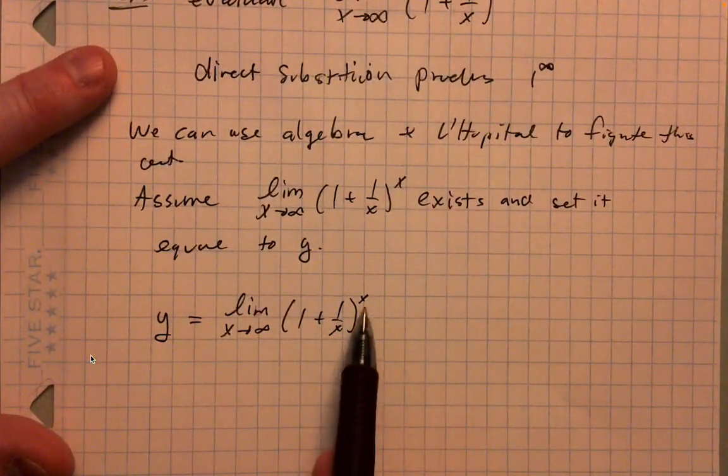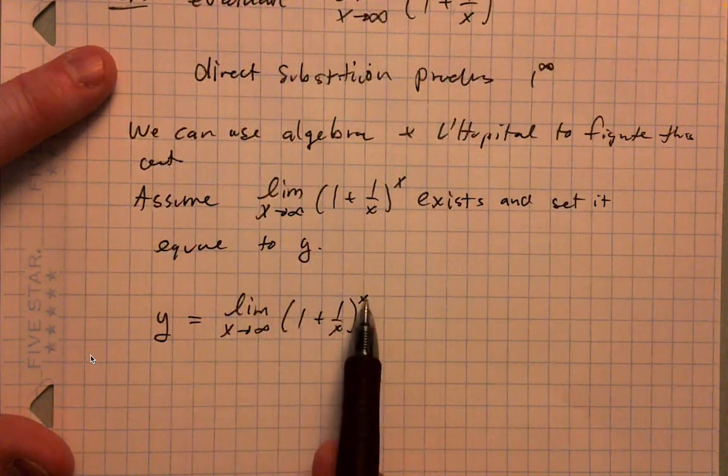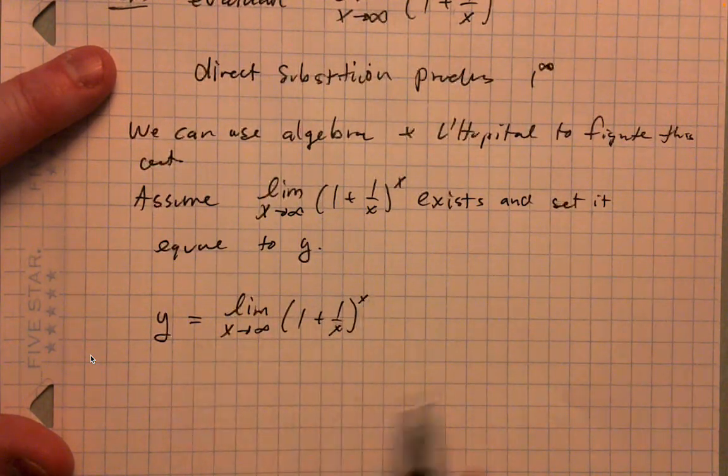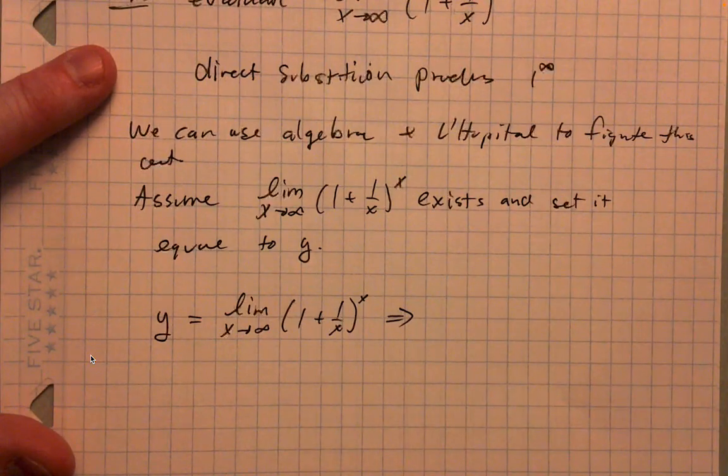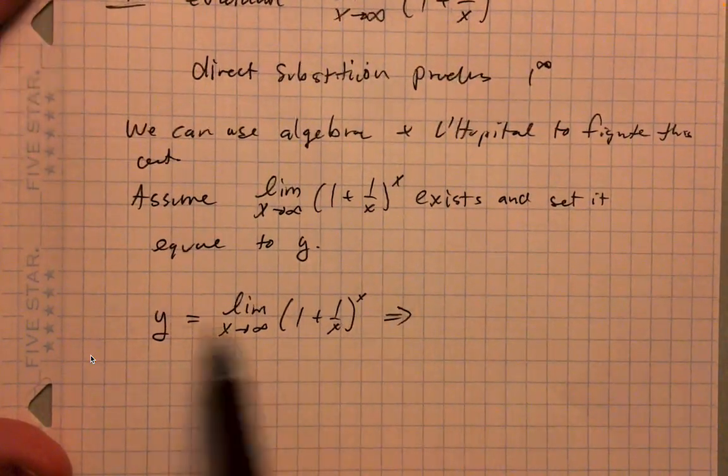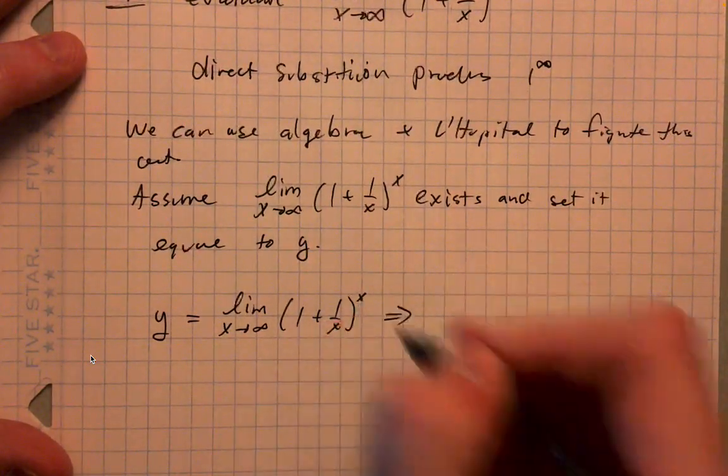One of the big problems with this is the exponent here. So we can use the properties of natural logarithms to deal with this exponent and rewrite it in a different way.